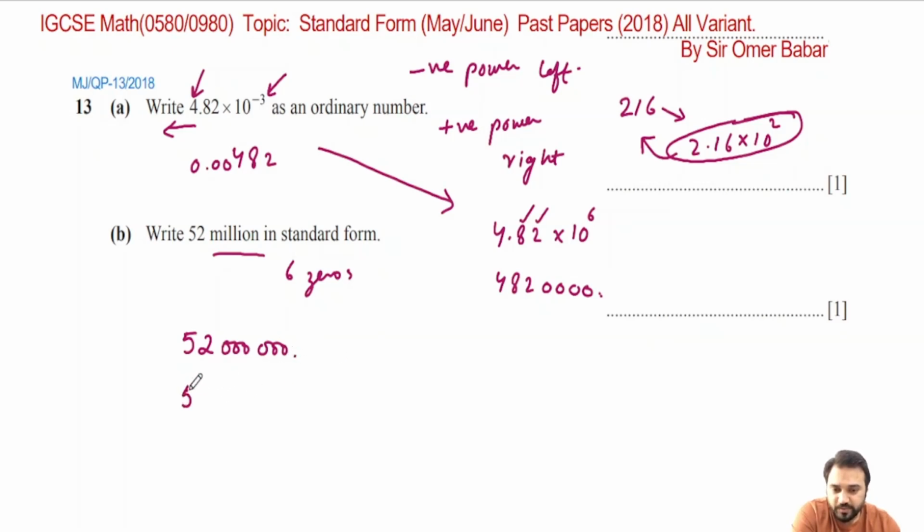Now we have to place this decimal after the first non-zero digit, which is 5. So I'm going to write 5.2 into 10 raised to power. The decimal is on the right side of our first digit. It means the power of 10 would be positive, and how many digits did it cross to reach there? 1, 2, 3, 4, 5, 6, 7. That would be the power of 10. This is it.